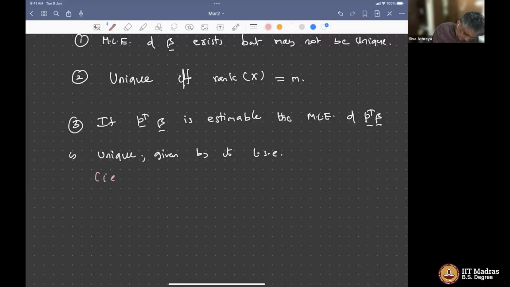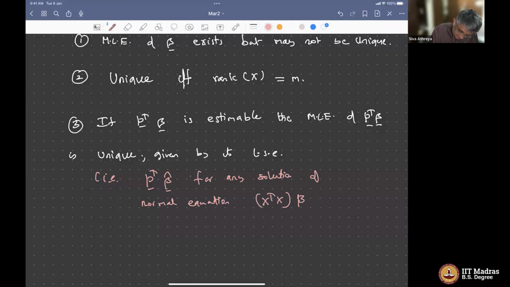That is, P transpose beta hat is the solution, for any solution beta hat of the normal equations: x transpose x beta hat equals x transpose y.